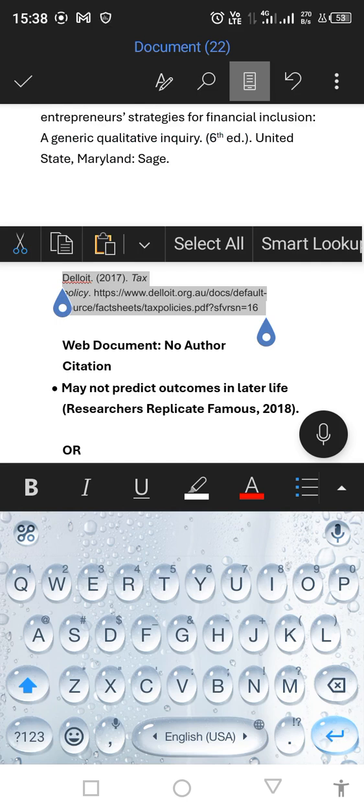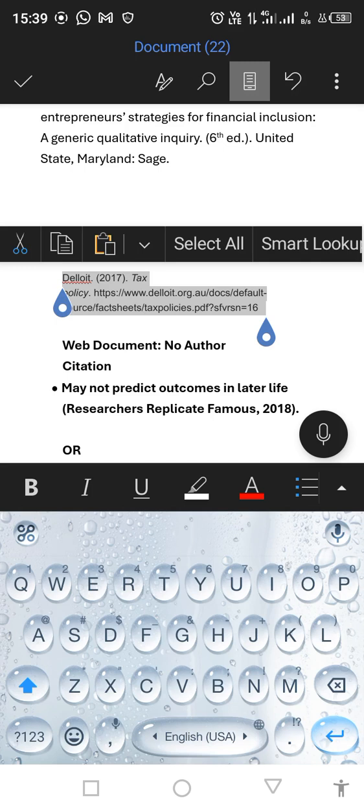What we need to do is put the name of that organization, Deloitte, full stop. Then 2017, the year it was published, and the name of the article too. Here the name of the article is Tax Policy, and it is a document from a web page.